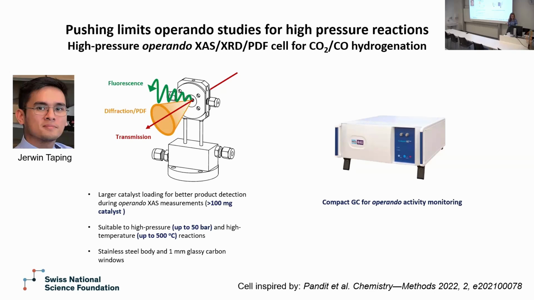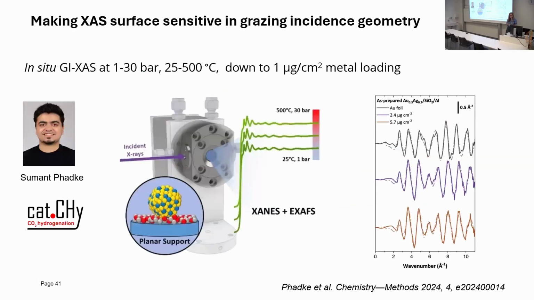And also, I think it can be interesting for people who are doing more surface science. This cell we designed to do grazing incidence XAS to be able to be surface sensitive. With this cell, we can measure XAS really on the surface, for materials with loading equivalent to 1 monolayer.